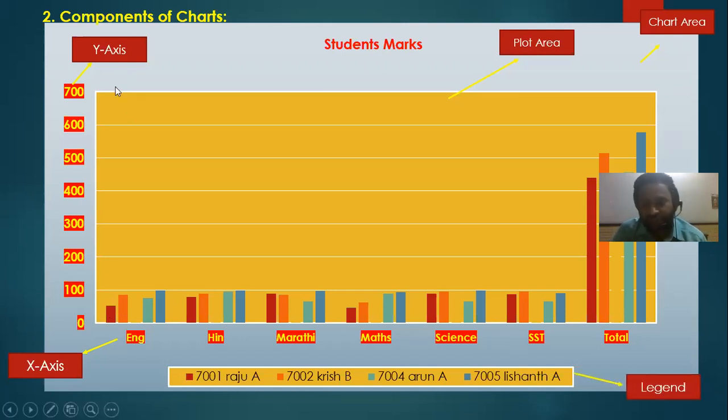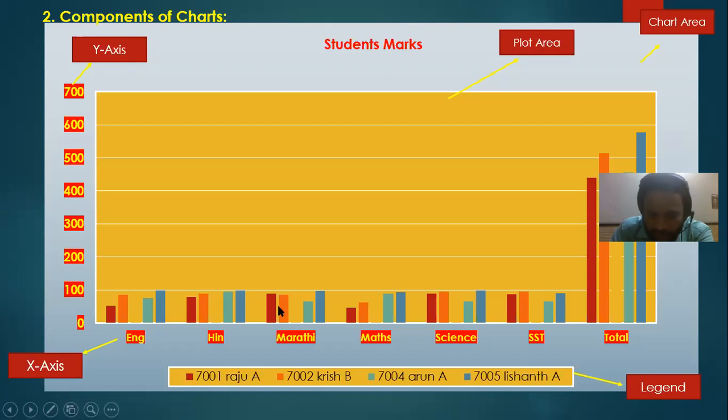The next one, legend. Legend means the symbols, colors, and patterns that display the data series. Legends are helpful to us to identify the colors, patterns, and symbols in the data series. Here you can see this graph.